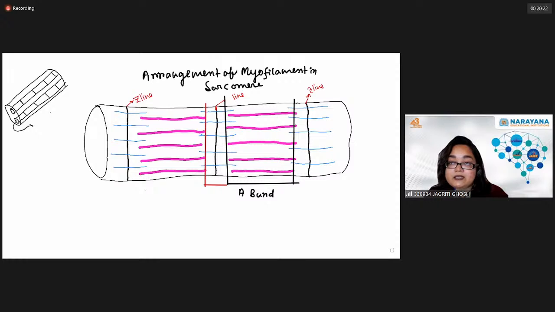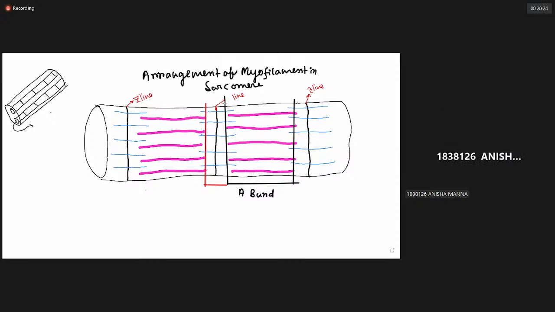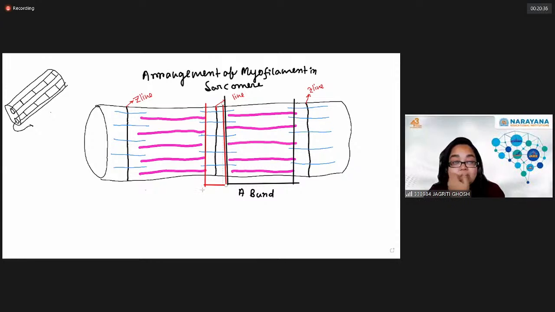Anisha, is it clear? Yes, ma'am. What is an I band? The part where there are no thick filaments. So the part where no thick filaments are present is the I band.